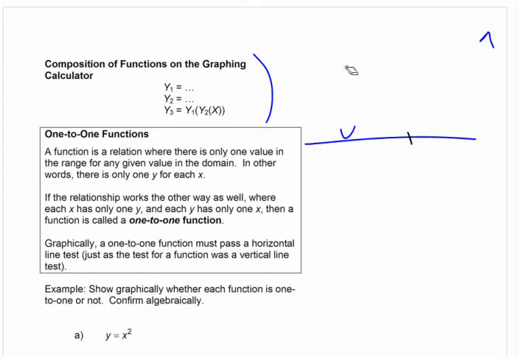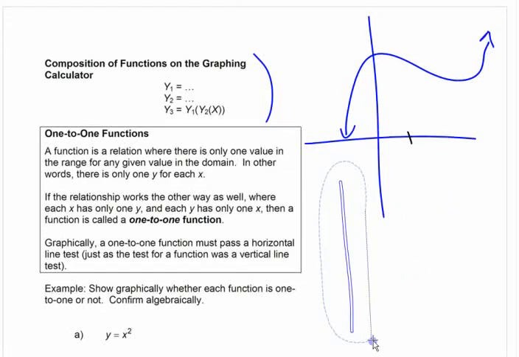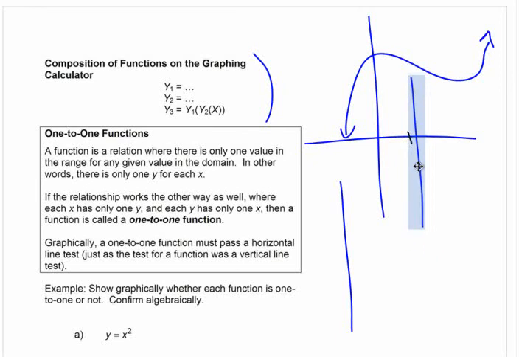Oops, lost my function. Start again. You learned you could do this vertical line test. If you take a vertical line, it's a visual way of checking, right? Anywhere you put the vertical line, it only crosses the thing once, which means any x value you pick, there's only one y value.